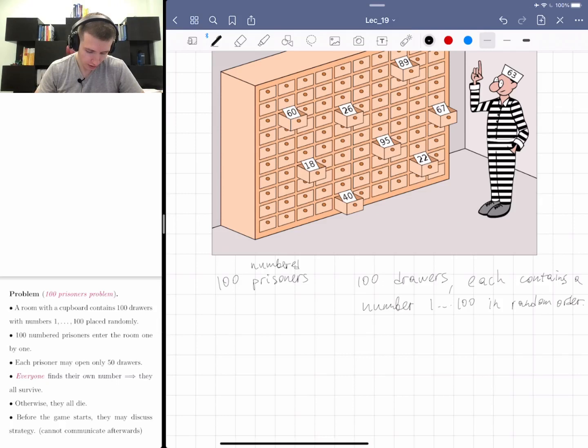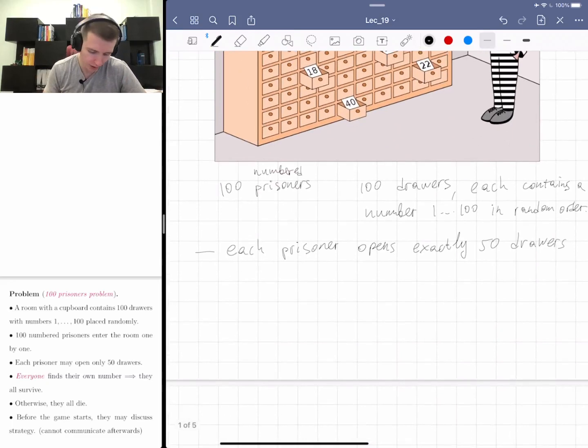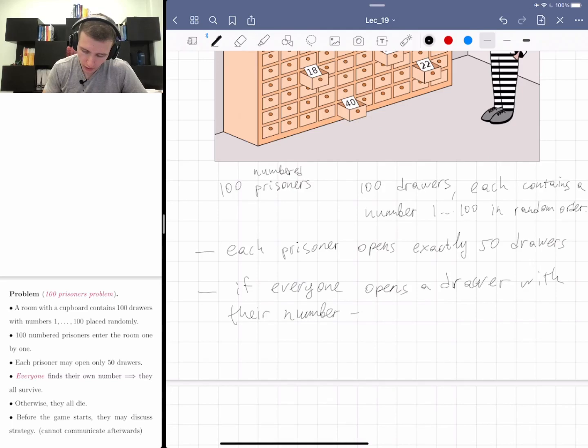And the conditions are that each prisoner opens exactly 50 drawers, one by one or simultaneously, doesn't matter. Well, I mean, it's up to them. And the conditions are if everyone opens a drawer with their number, then they all win.